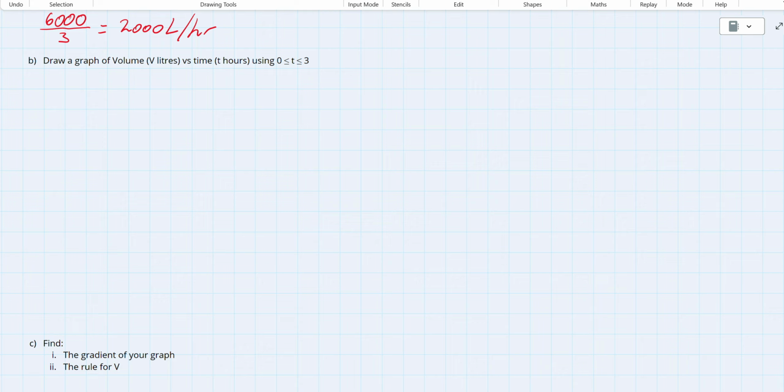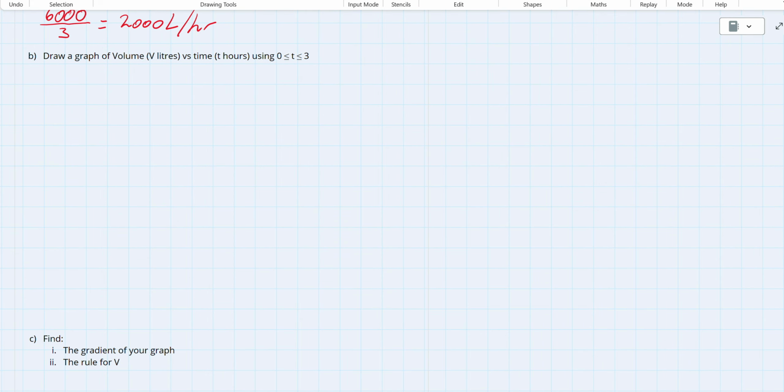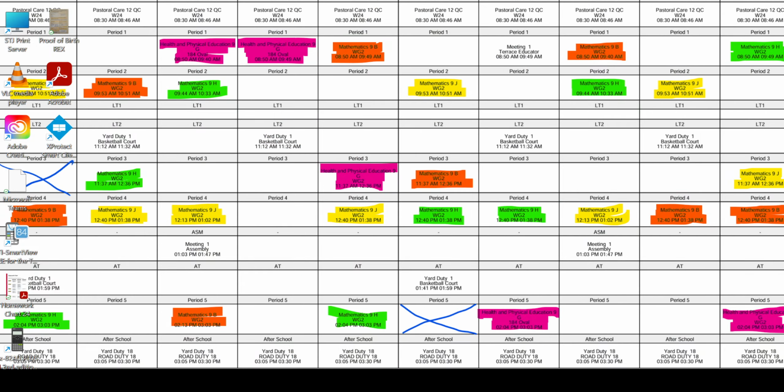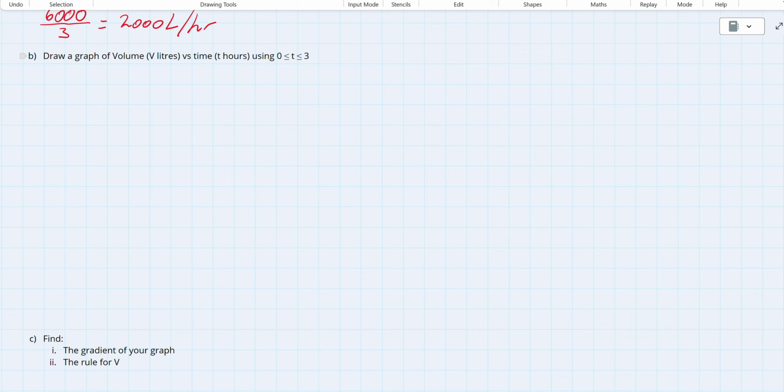Then it asks us to draw a graph of volume, V litres, versus time, T hours, using time as any number between 0 hours and 3 hours. That's that inequality there, that T could be any value between 0 and 3.